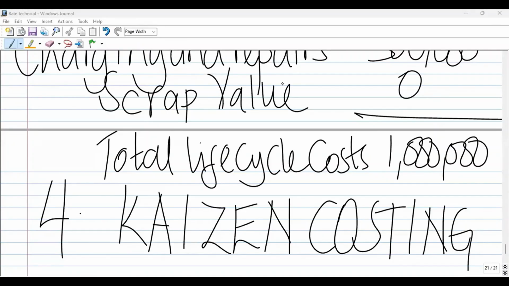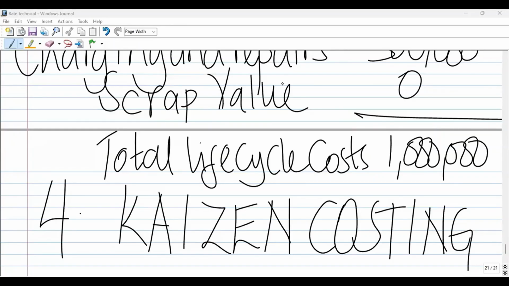It is applied during the manufacturing stage of the product life cycle.